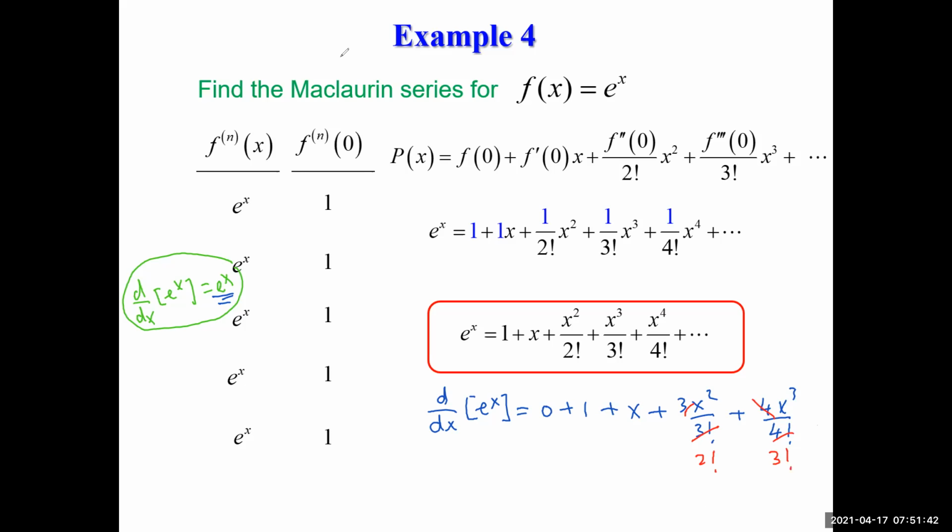So after you simplify, you see you're left with a 1 here, an x here, next one here is x squared over 2 factorial, next one here is x cubed over 3 factorial, and the next one you can see will be x to the 4 over 4 factorial, right?